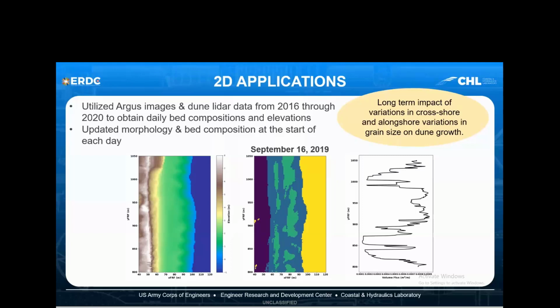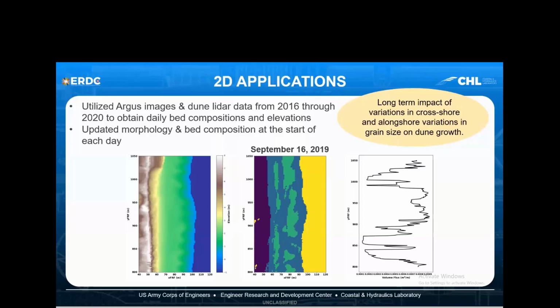And with this, we updated the morphology and bed composition at the start of each day. We chose to do this because we weren't primarily focused on the accuracy of the morphology change. We were more looking at the bed composition and how that will impact volume flux to the dune.